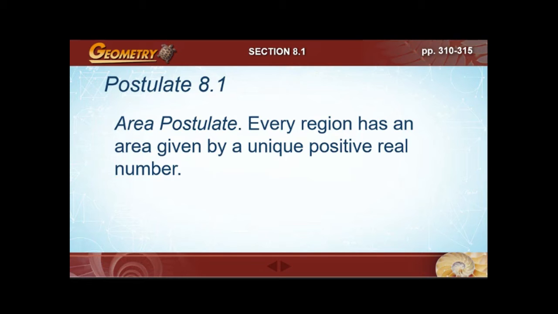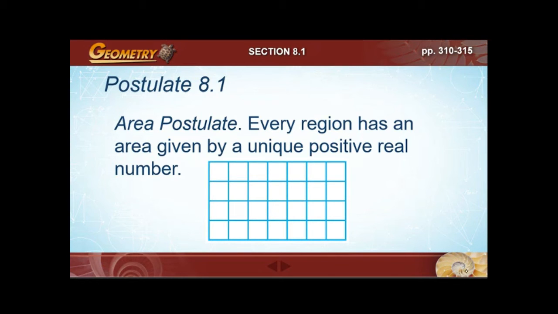Every region has an area given by a unique positive real number. And so like I showed in the previous slide, we could make any region, any shape, and it would have area. As long as it is a region, it has area. You can make any two-dimensional figure there, and it would have area.